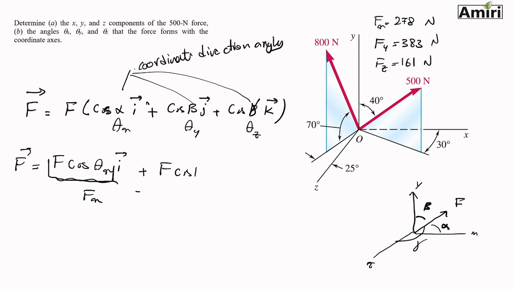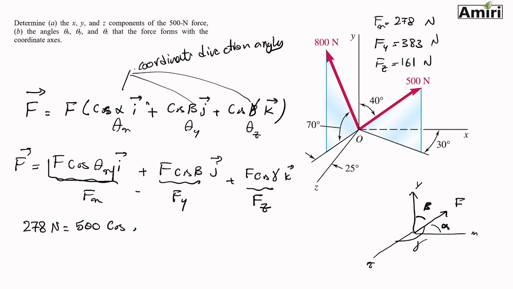F cosine beta j, this is Fy. F cosine gamma k, this is Fz. So 278 newtons equals 500 cosine theta x. Okay, so as a result, your theta x is going to be 56.2 degrees.